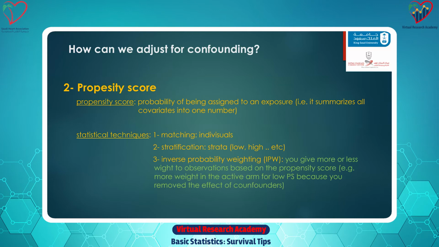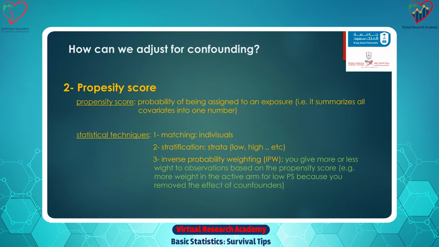Let's say you have two individuals with low score. Both were given digoxin, both died. Which one should we give more weight? The one with low propensity score who was given digoxin and then died, we'll give it more weight, because we removed the effect of confounding because the score was low. So this death is more related to digoxin than not, and so on.